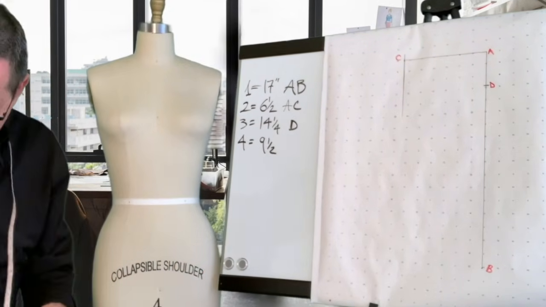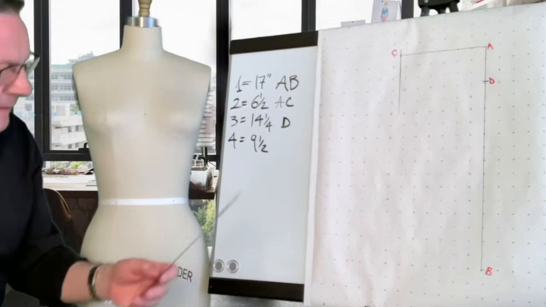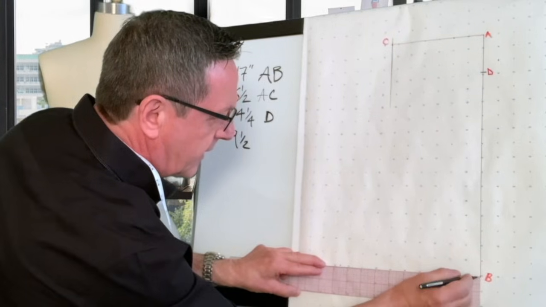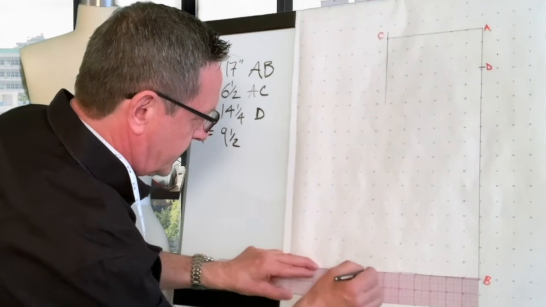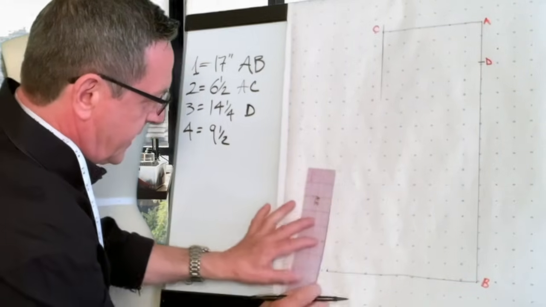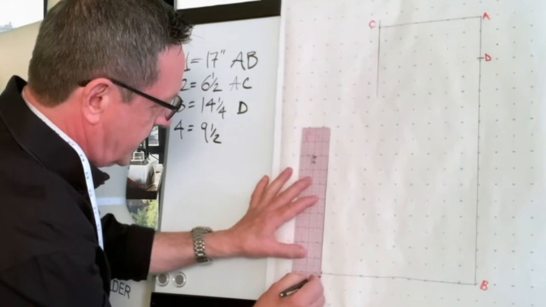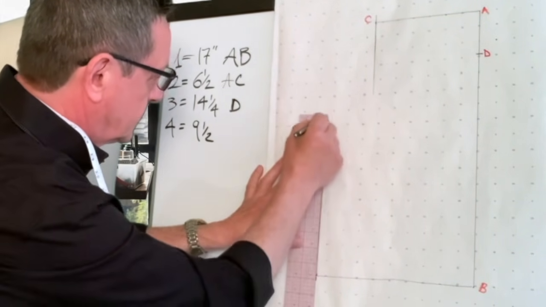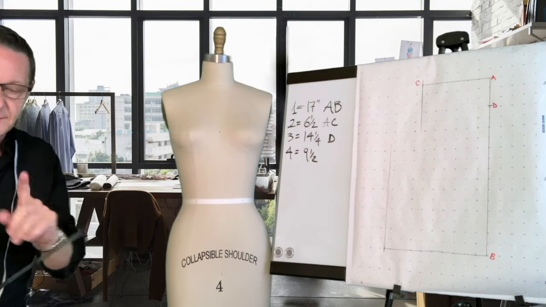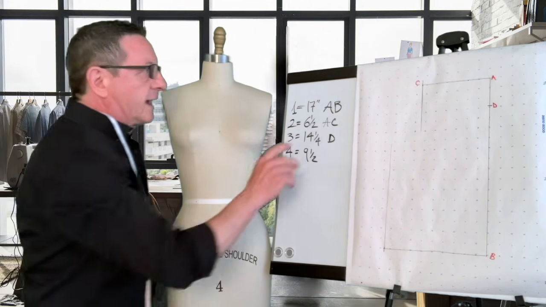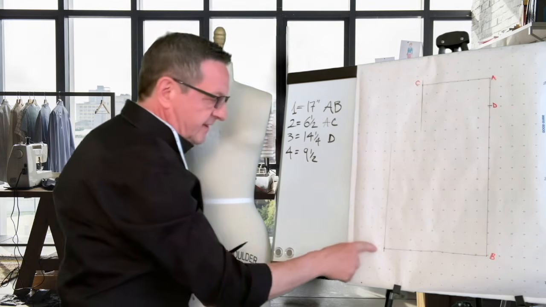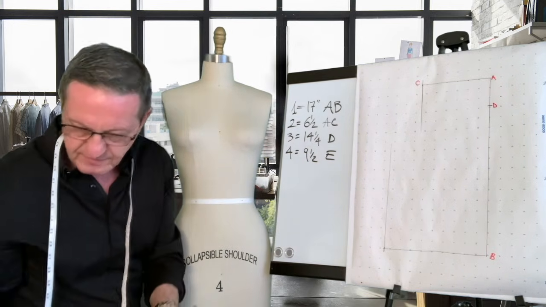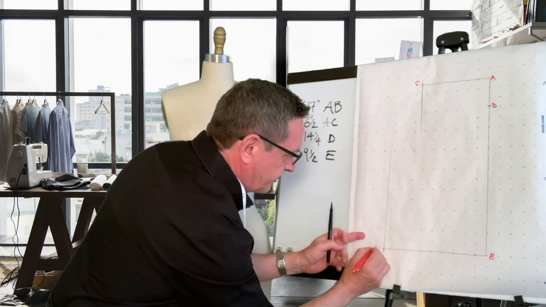It'll work out. So I'm gonna take 9.5 from B. You're gonna go across 9.5, and it's right there. And also square a line about 10-11 inches or so, like that. It's a guideline. You'll see why in a minute. So we got A, B, C, D. This is E. And we have E, all right? So this is E.